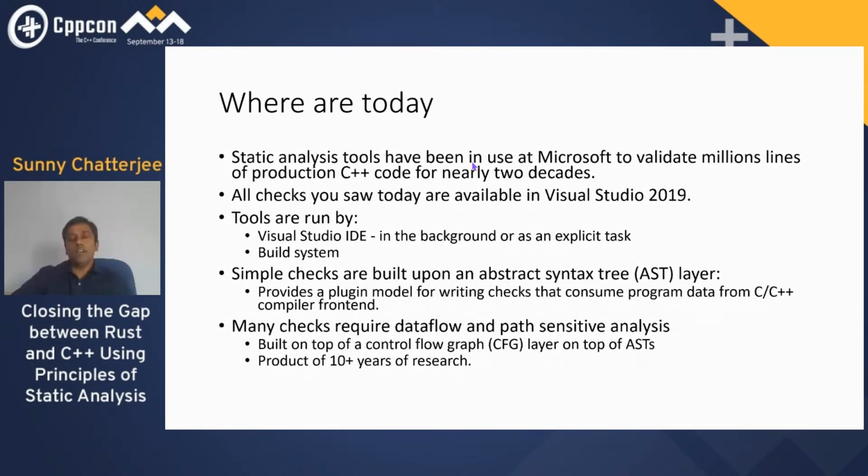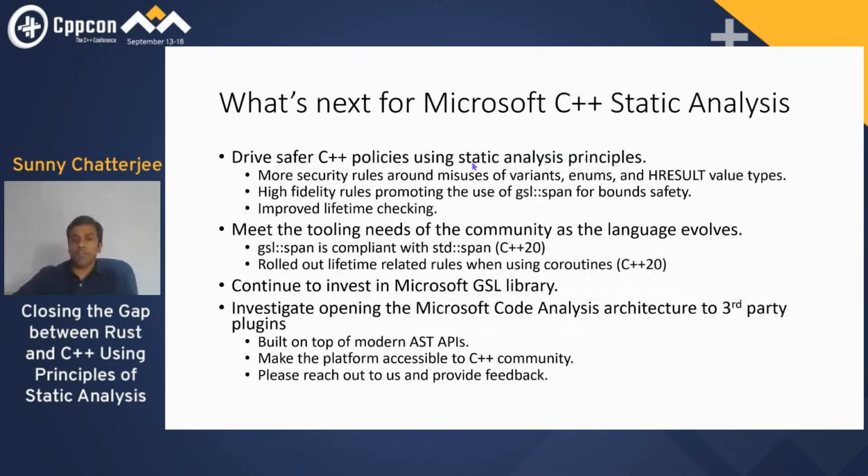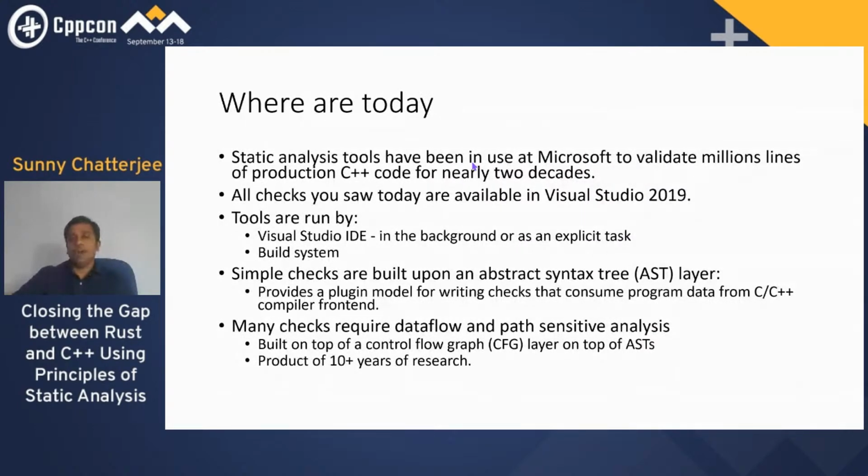Now, in terms of how we do these checks, simple checks are built upon an abstract syntax tree, or AST, layer. We have a plugin model for writing checks that consume the data from your program that's compiled by the C++ frontend. Right now, this plugin model is not exposed externally, but I'll be talking more about this in my next slide. If there is enough interest in the community, that's something we can definitely look into. Some of the checks require data flow and path sensitive analysis.